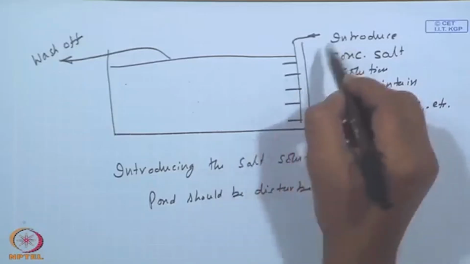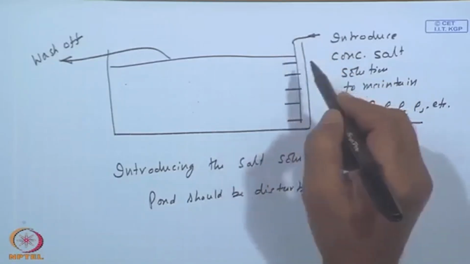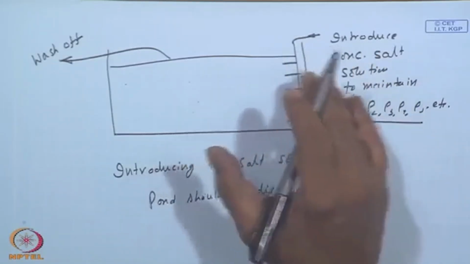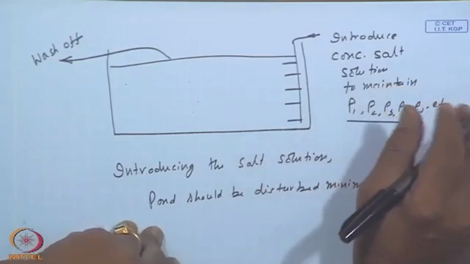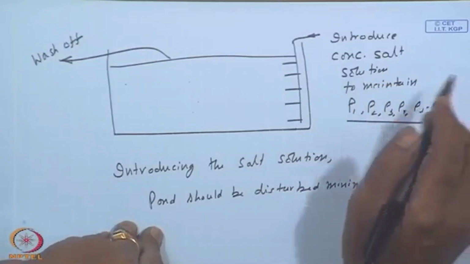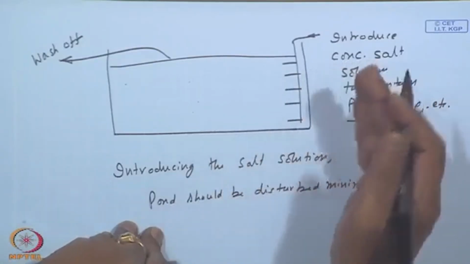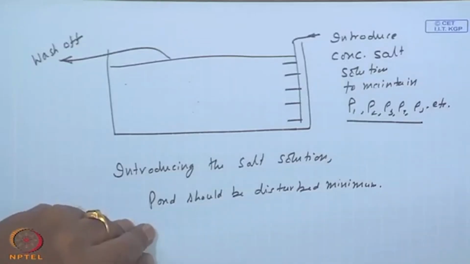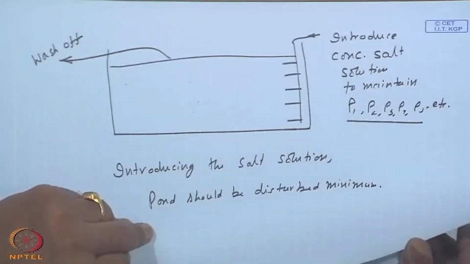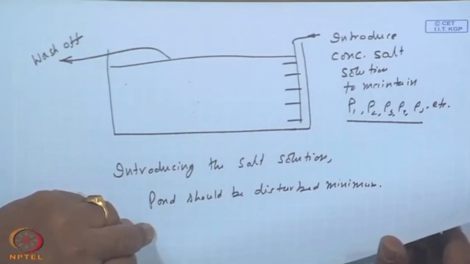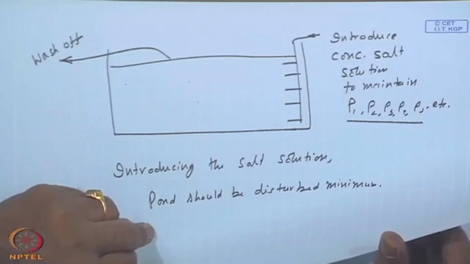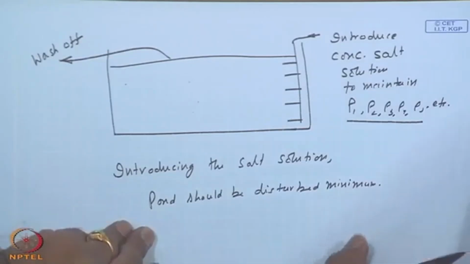Though conceptually I have put one pipe with number of pipes, you may have something like a shower or a colander type of distribution from the bottom to just release the required quantity at the lowest possible velocity, so that there is no disturbance to the stratification of the solar pond.